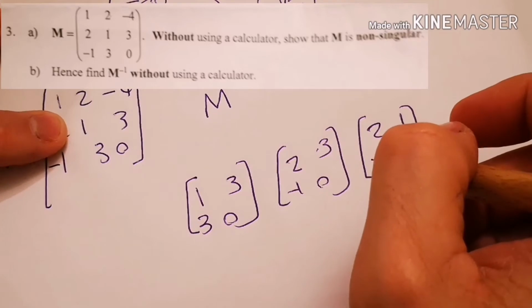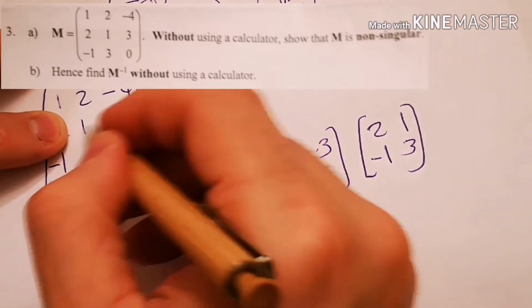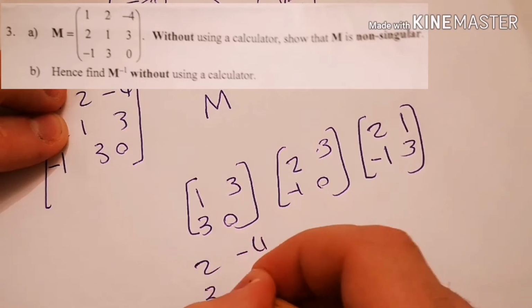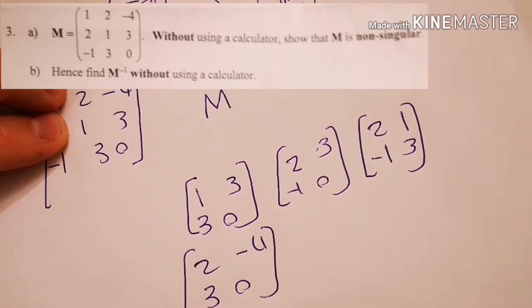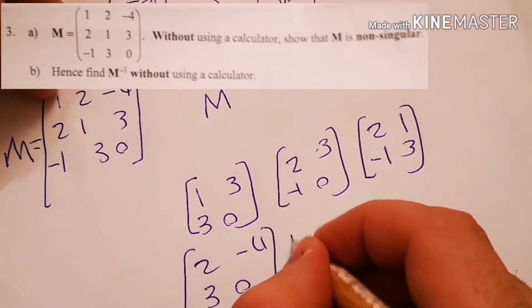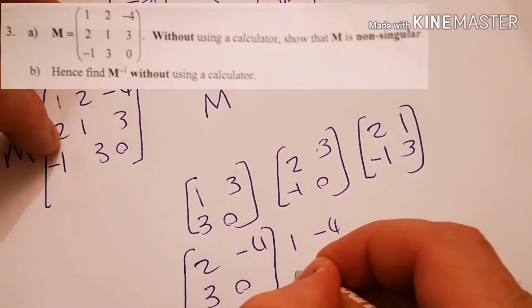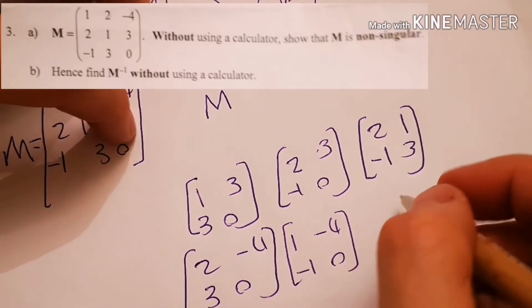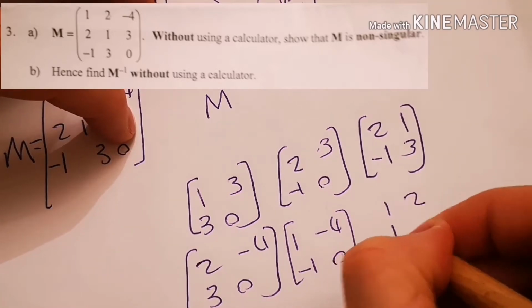Going one row down, it's this one here, so it's those ones and those ones: 2, minus 4, 3, and 0. And then that one is in the centre, which is 1, minus 4, minus 1, and 0. And my last one here is 1, 2, minus 1, 3.